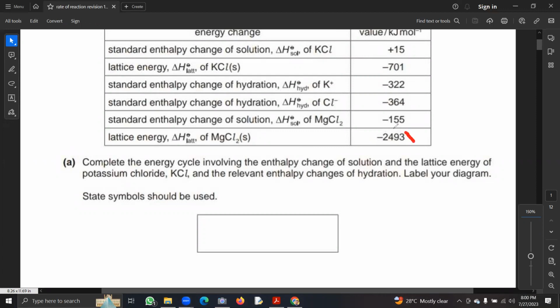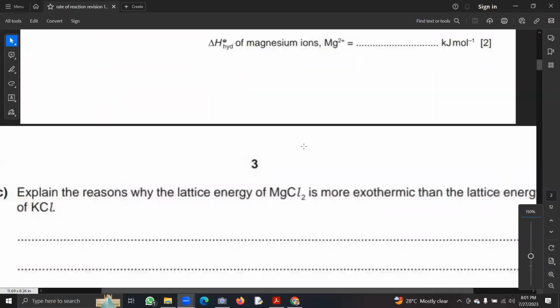So this lattice energy is like the bond enthalpy. There are no covalent bonds here, but this is similar. In O-level we did this in a different way. We were explaining that the magnesium chloride ionic bond is stronger than the KCl ionic bond. It's the same thing, same stuff.